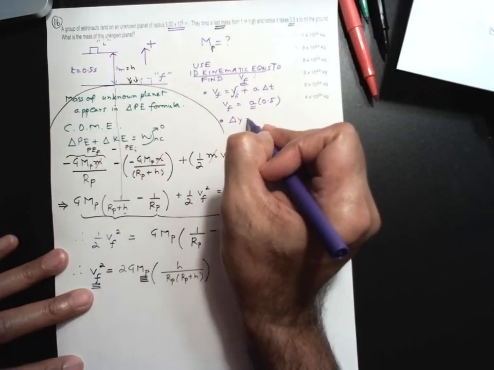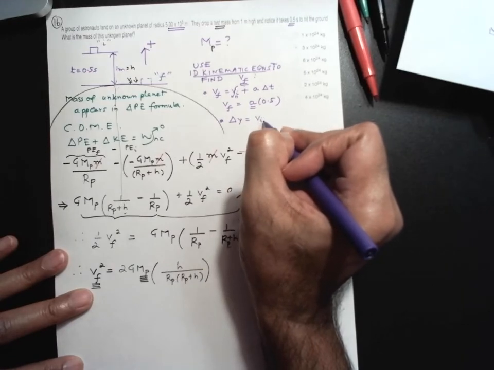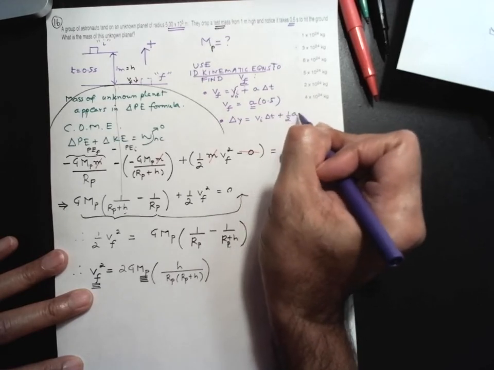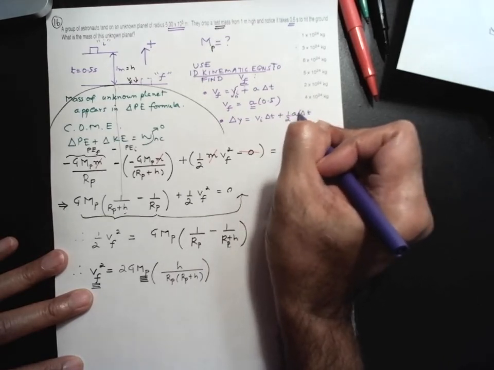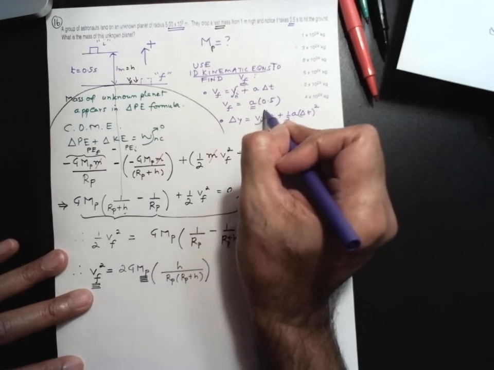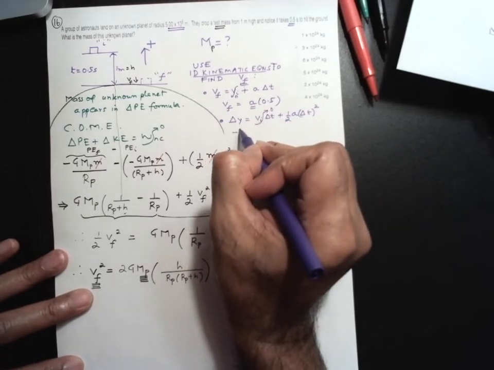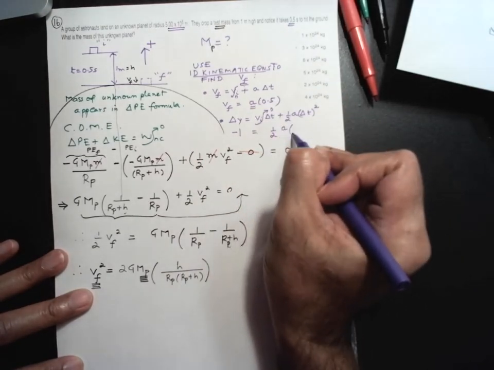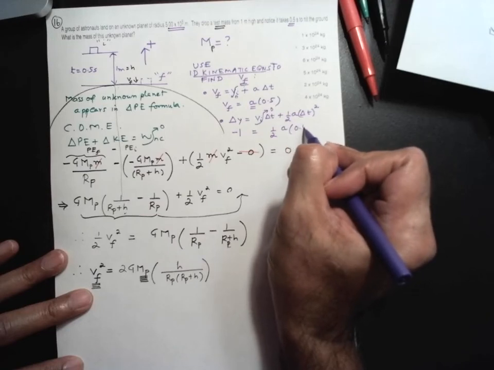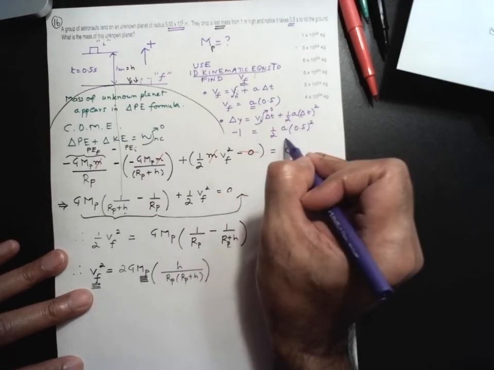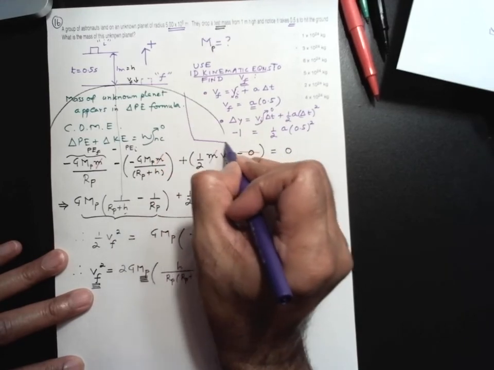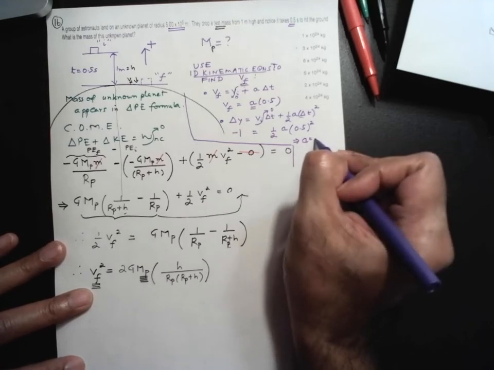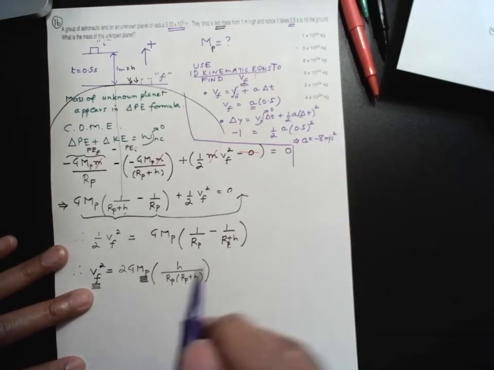I'll use delta y equals v initial times delta t plus 1/2 acceleration times delta t squared, right? The initial velocity is 0. Delta y is -1 because it fell down. 1/2 the acceleration, and the delta t is 0.5, so squared. So from here, I can find that the acceleration is -8 meters per second squared.